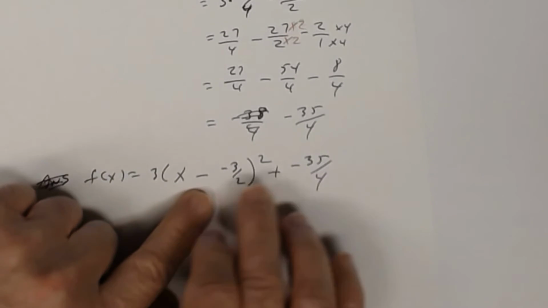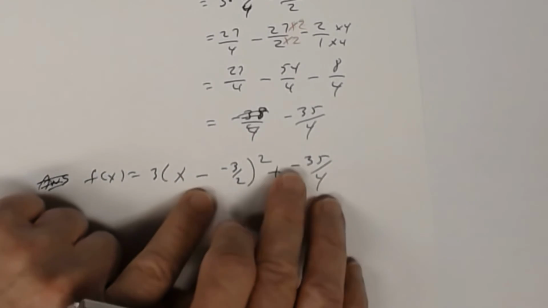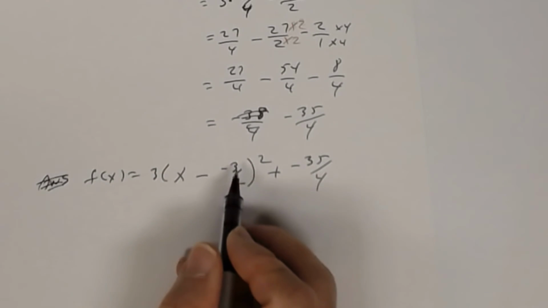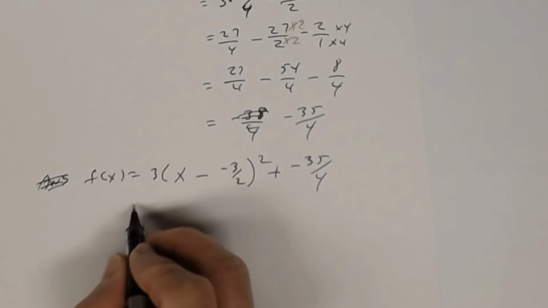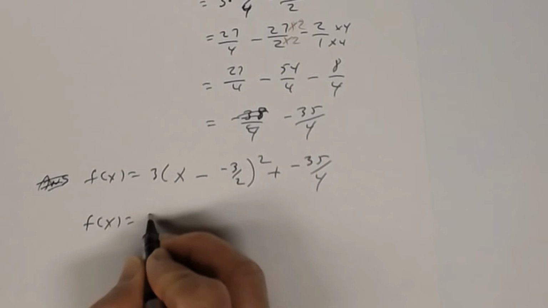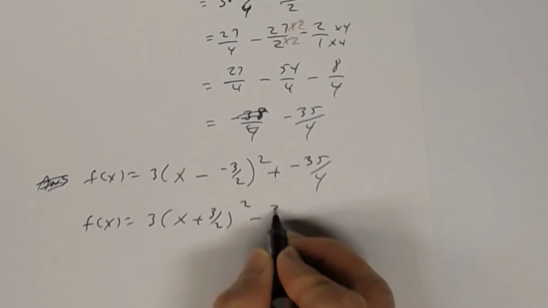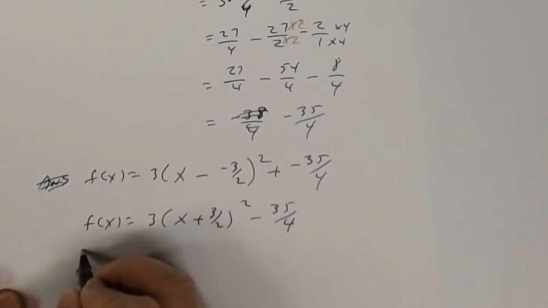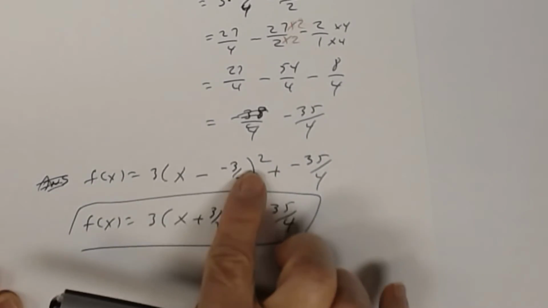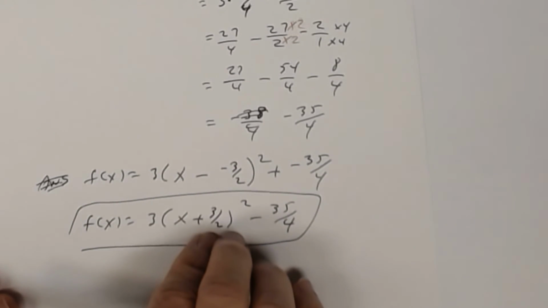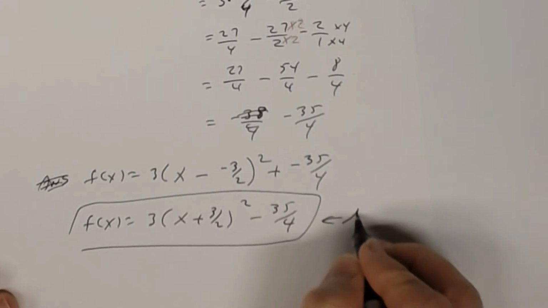We do expect you to rewrite this in a better mathematical way. So subtracting a negative means addition. So this becomes f of x equals 3 times x plus 3/2 squared, and then minus 35 fourths. So that's what we want you to write. If you leave it like this, I'm not going to give you full credit because I want this to be written. All right, so there's your answer.